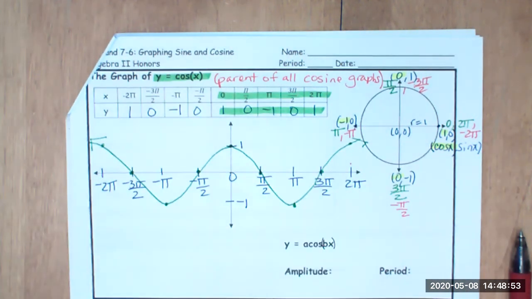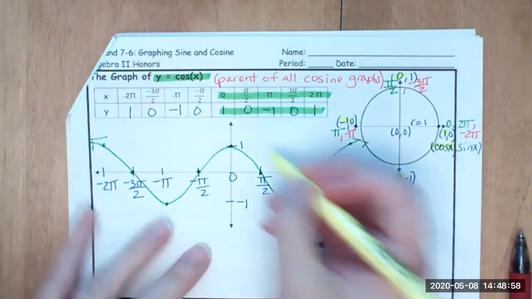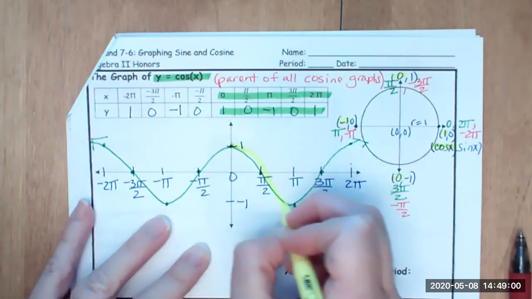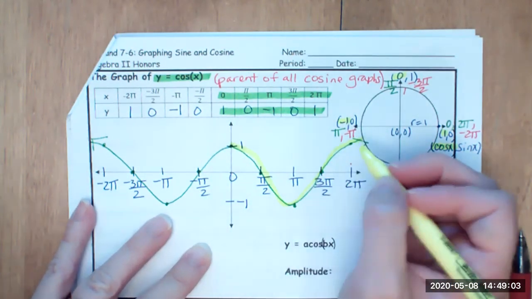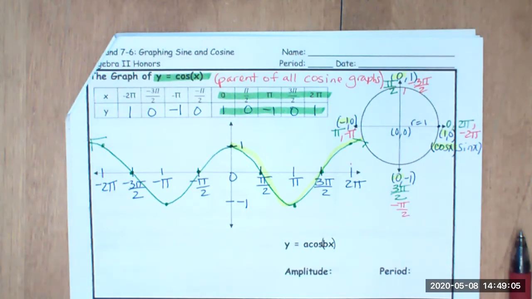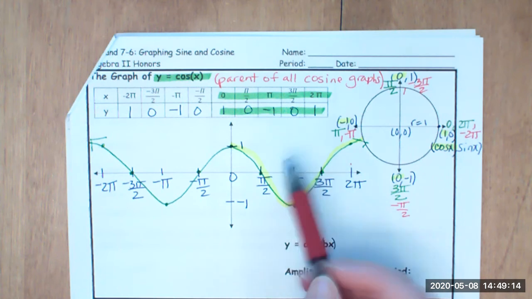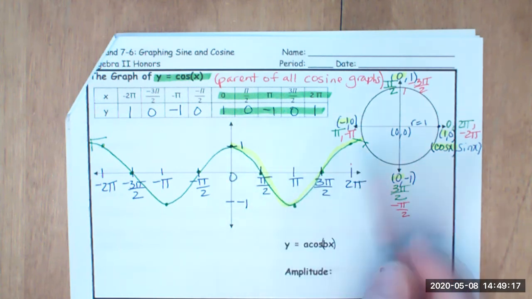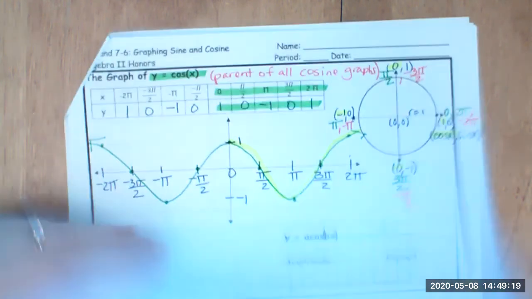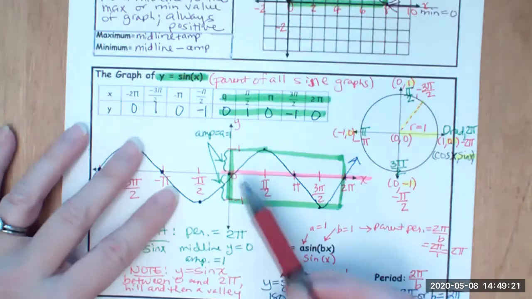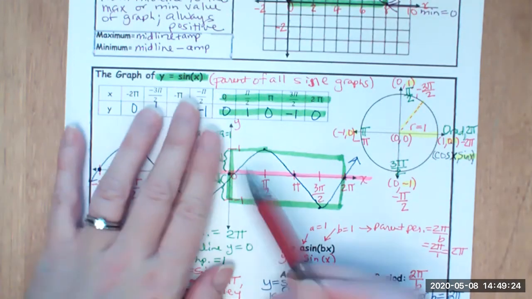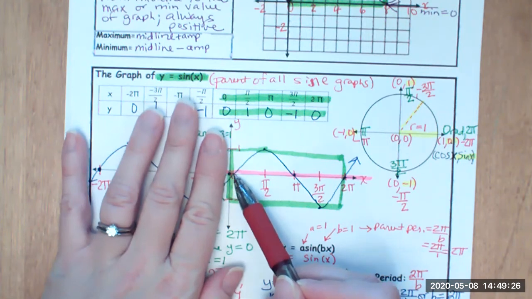Okay? Now, some of the features you want to notice here is that between 0 and 2 pi, if you look at the shape of this graph, you're looking at basically one big valley. Instead of a hill and a valley between 0 and 2 pi like the sine function, here we have one big valley. Another thing to notice, if we look back at the sine function, at 0 it's starting at the midline, right?